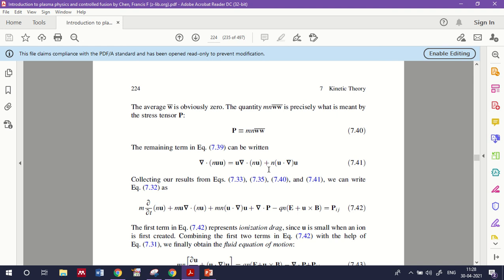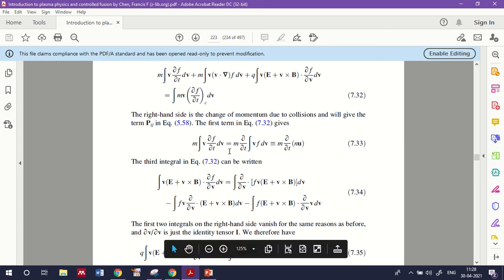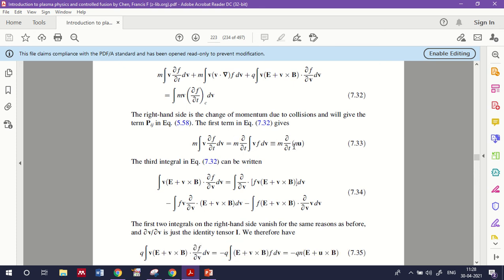And now we collect all the results that we already said, because we have seen several results over here. First, we treat it on the right hand side as the pressure tensor term. Then, when you consider the first term, the solution of the first term is m dou by dou t n u, note that.